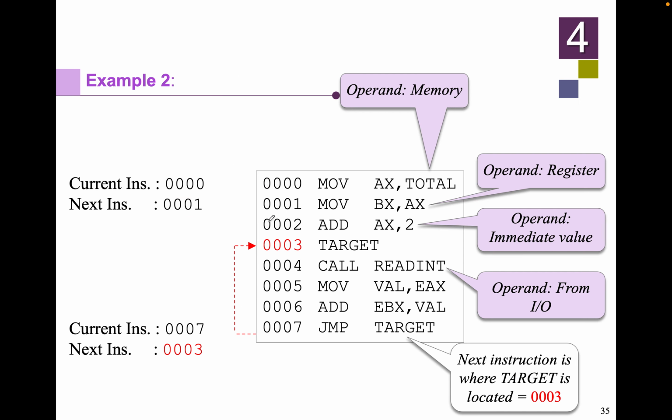Now we add some more. We know this is our opcode. We know this one is our source operand. But instead of knowing all of that, you need to know where you're going to fetch this information. This will be in your memory.